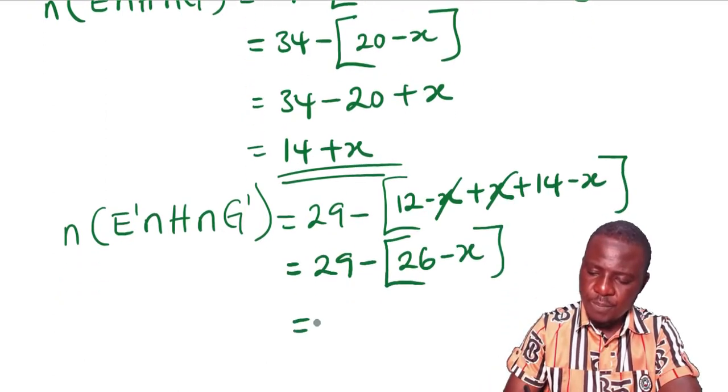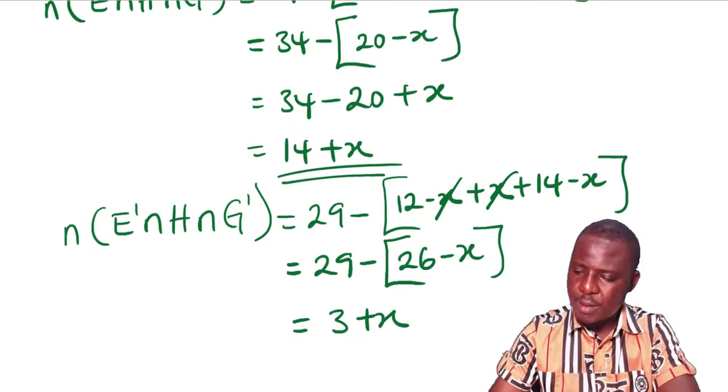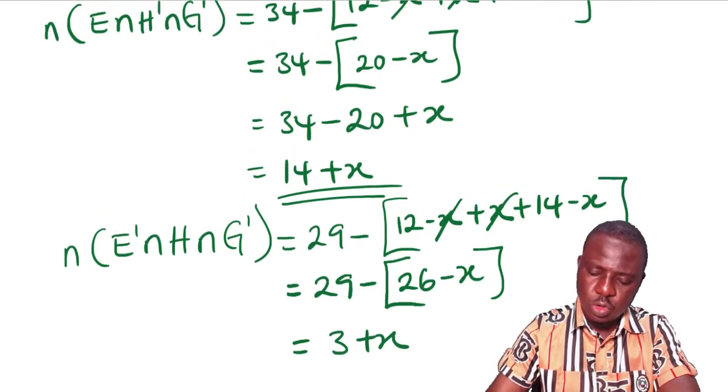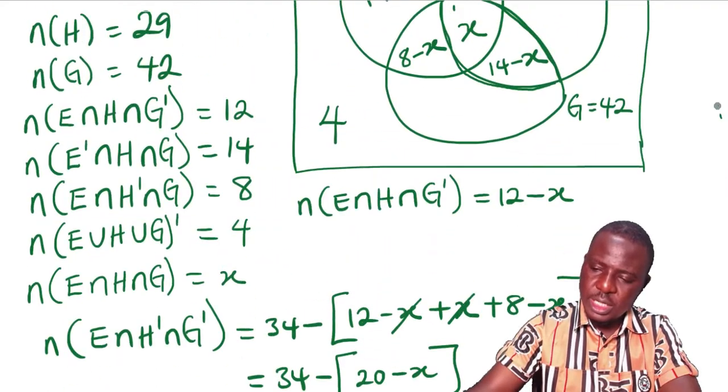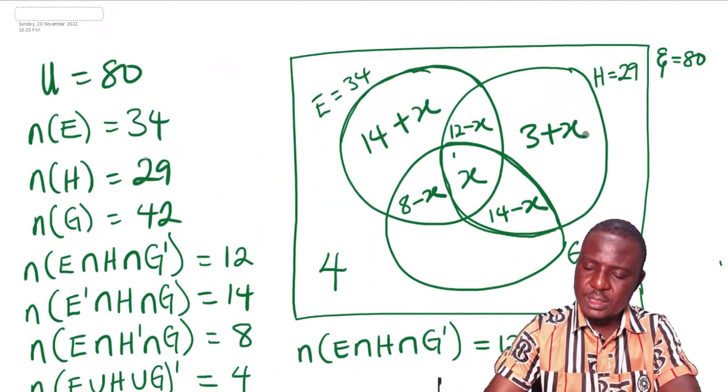Simplifying this further, this will give us 29 minus 26, that will be 3. And minus x becomes plus x. So this becomes 3 plus x. So those who study only history can be said to be 3 plus x.